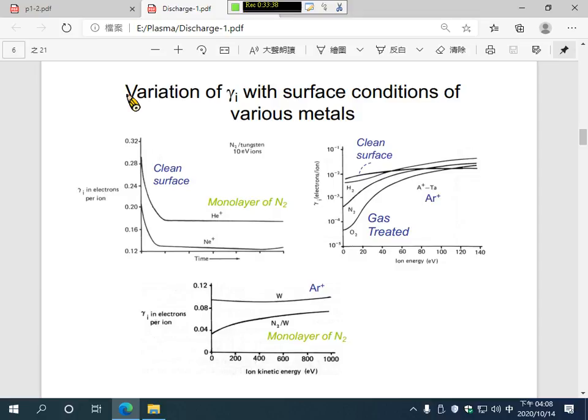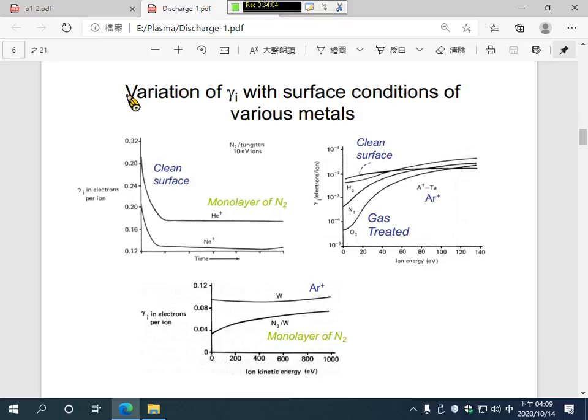For the clean tungsten surface, the secondary electron yield might be about 0.30. And later on, when a monolayer of nitrogen adsorbs on the surface of tungsten, the secondary electron yield will drop.